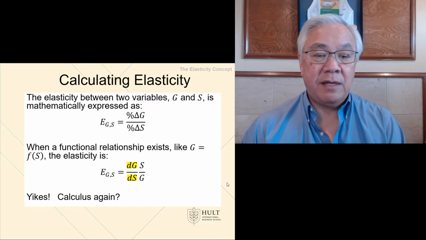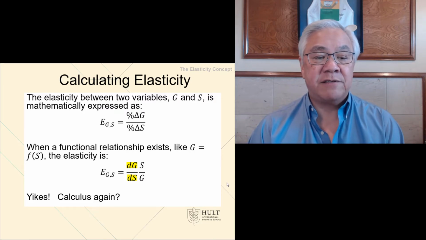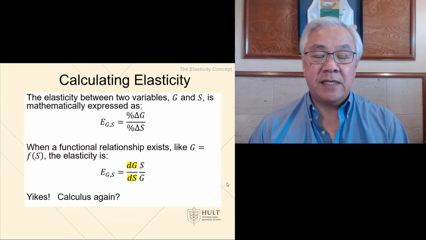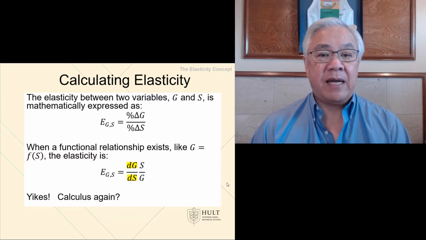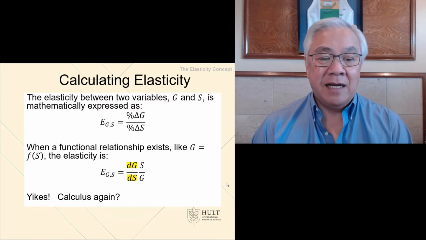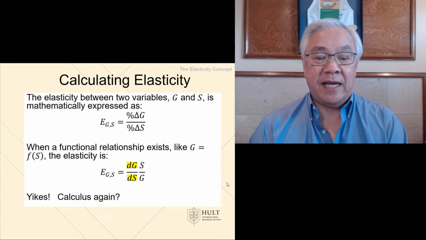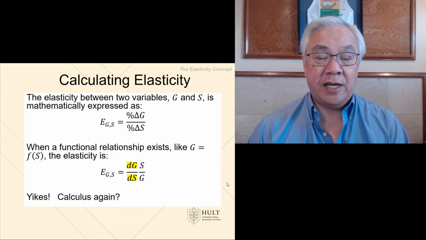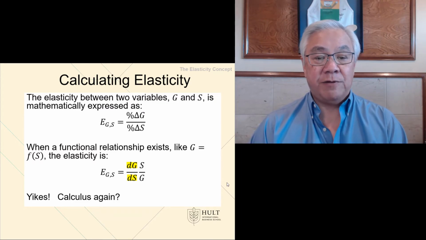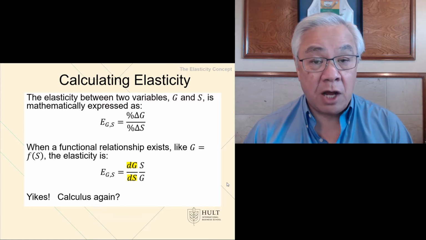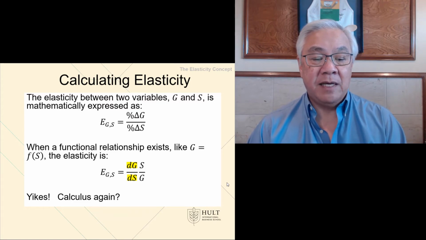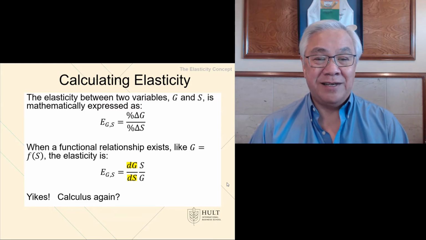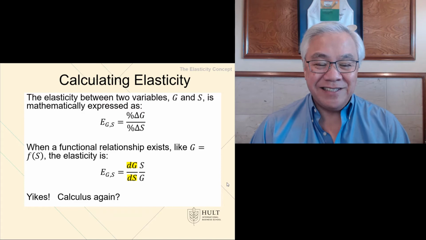So the calculation for all of them in a generalized term is as follows. The elasticity of two variables, such as G and S, is mathematically expressed as: elasticity of G based on S equals the percent change in G given a percent change in S. And the functional relationship we will use to solve these elasticity problems is dG/dS times S divided by G. Uh-oh, is that calculus again? dG/dS?